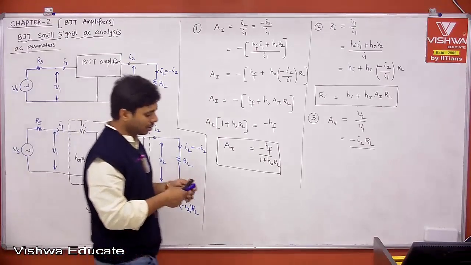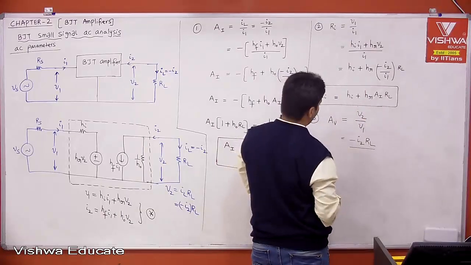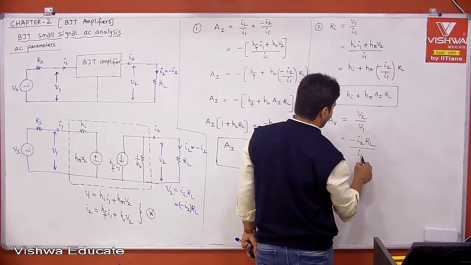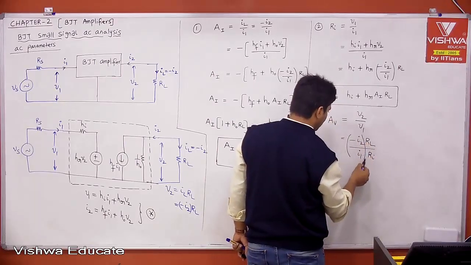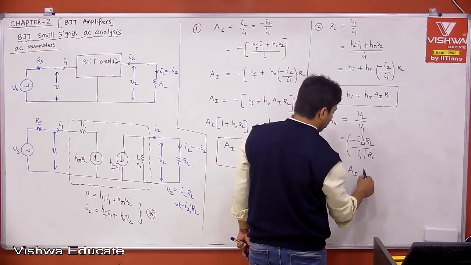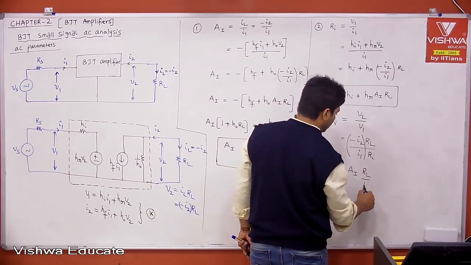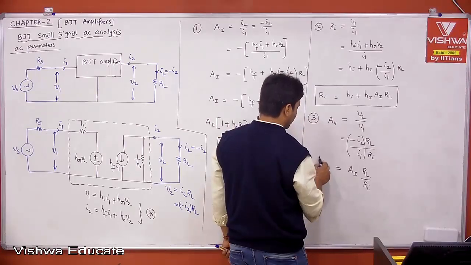Therefore, V1 is I1 into Ri, and we know what Ri is. Let me write it as I1 into Ri. Therefore, minus I2 by I1 is the current gain, into the load value RL, divided by the input impedance Ri. This is our voltage gain, straightforward, only one step.